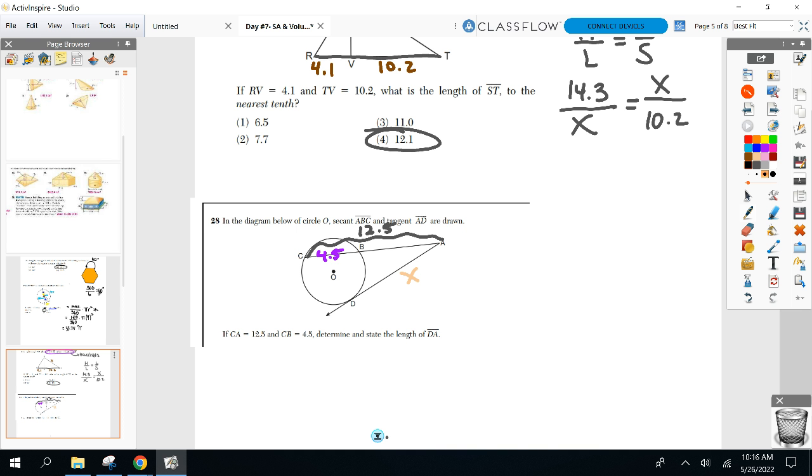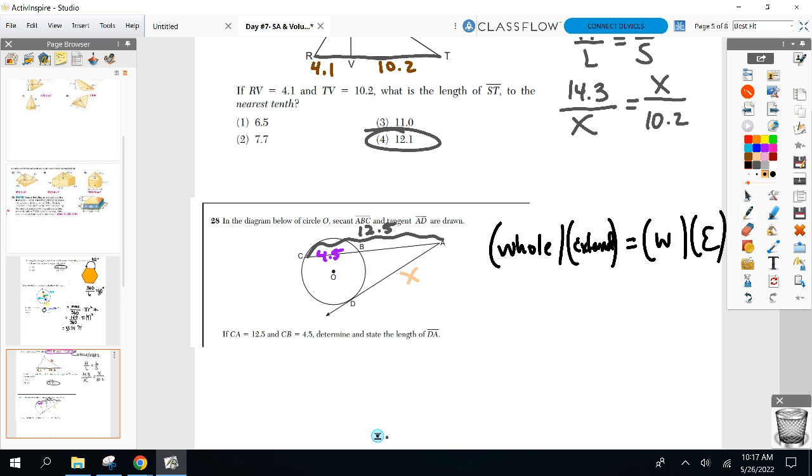How to find the lengths of tangents or secants. I had a saying for it. Any takers here? Any takers yet? Luke. Isn't it the whole times the interior... exterior? External, yes. Whole times external equals whole times external. Yep.